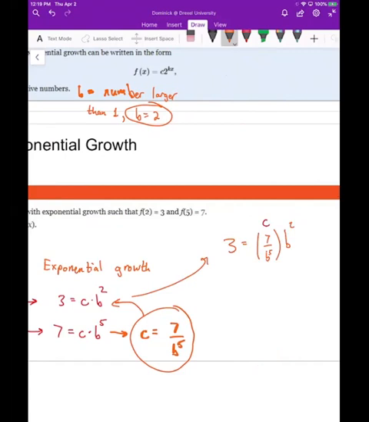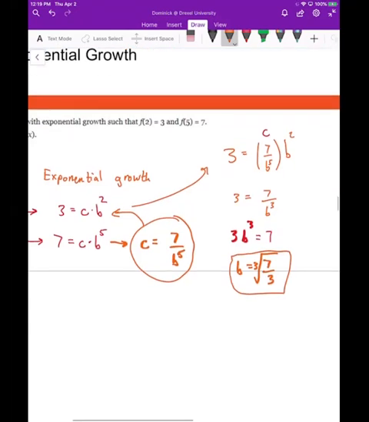Now we can use our exponent rules to say that this is 7 over b to the 3rd. And now we can solve this for b. If I multiply both sides by b to the 3rd, I get 3b to the 3rd is 7. So once I bring the 3 over and take a cube root, b is the cube root of 7 over 3.